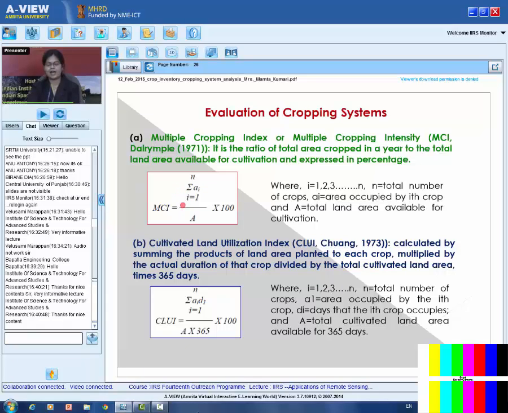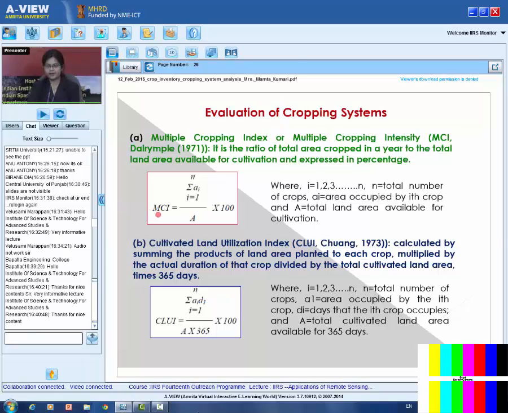Out of 100, we are utilizing 60 in the season for growing rice. We are utilizing again 60 to grow the wheat crop in the rabi season. So as per this formula, 60 plus 60 divided by 100 into 100, your MCI, multiple cropping index, will be 120. So this MCI tells you about the vertical intensity, vertical profile of crops grown in a year.